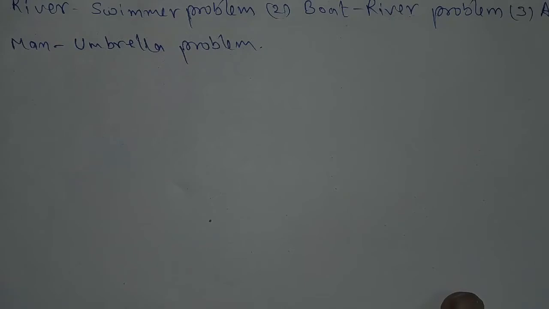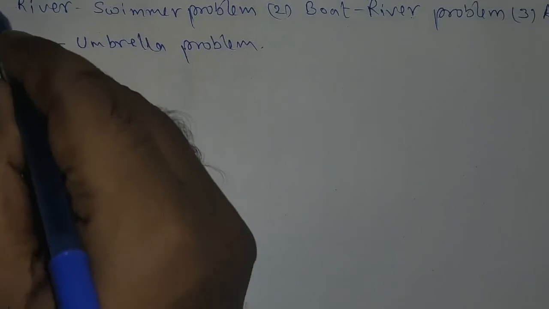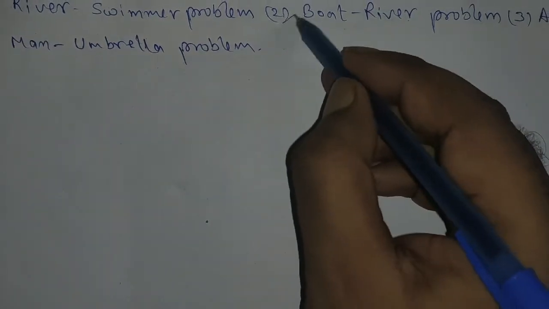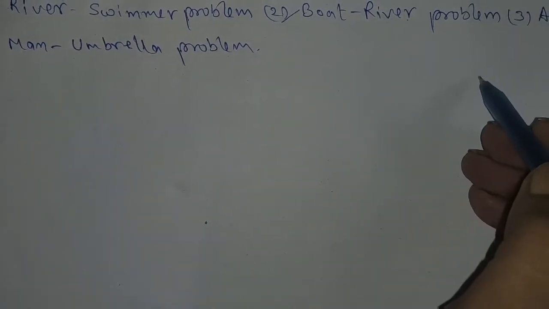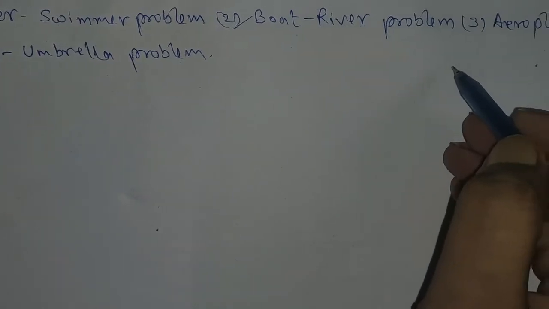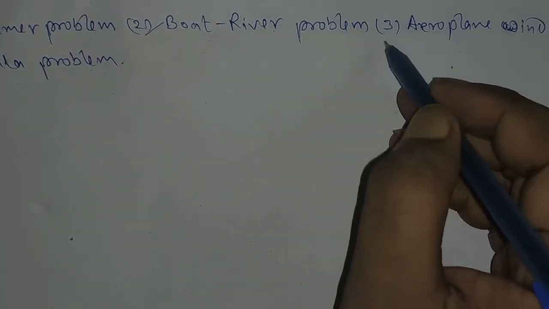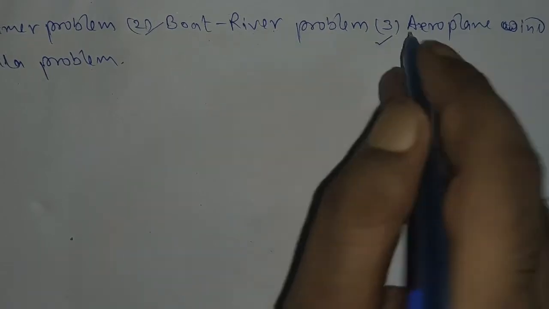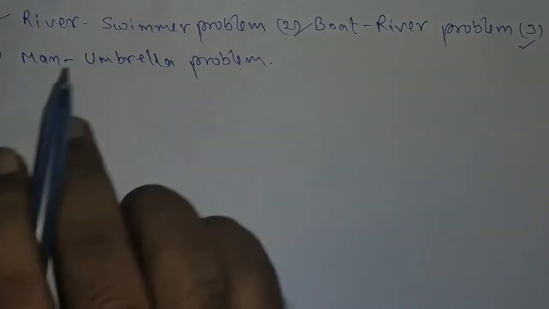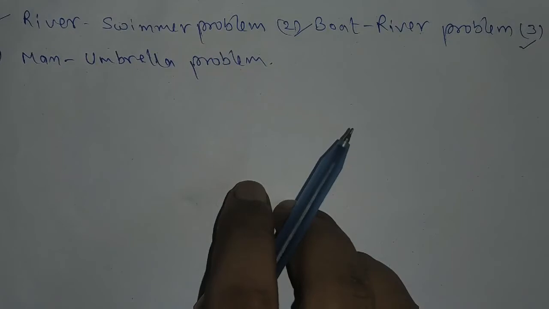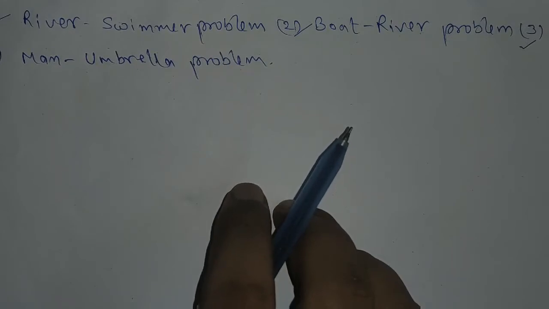There are mainly four popular types of problems solved with the relative velocity concept: first, the river swimmer problem; second, the boat river problem; third, the aeroplane wind or air problem; and fourth, the man and umbrella problem. So these are the four types of problems, students, that we will solve with the help of the concept of relative velocity.